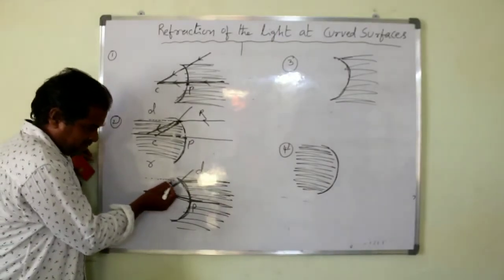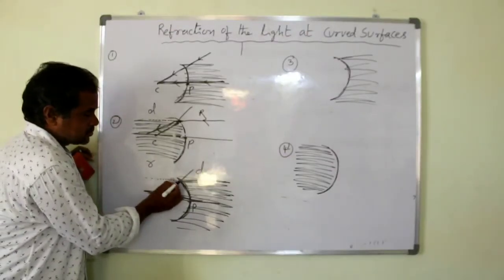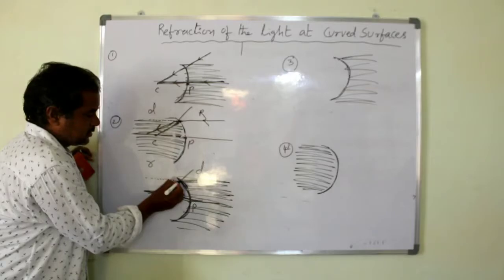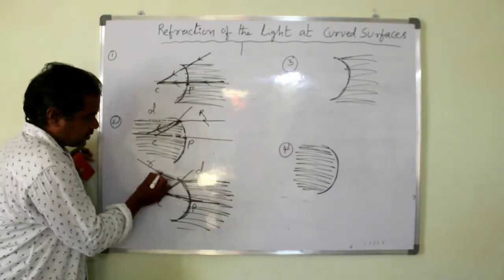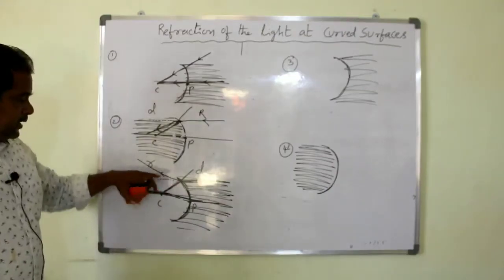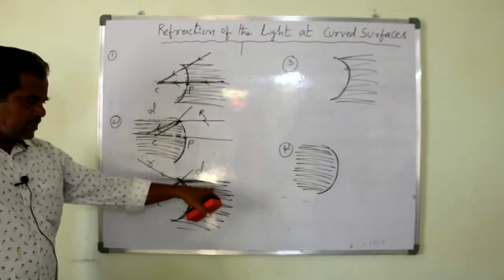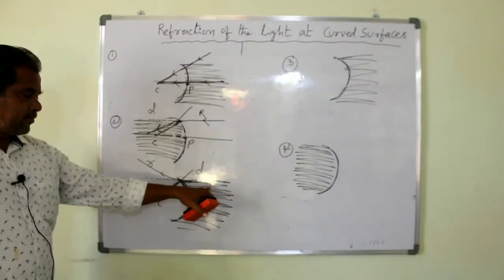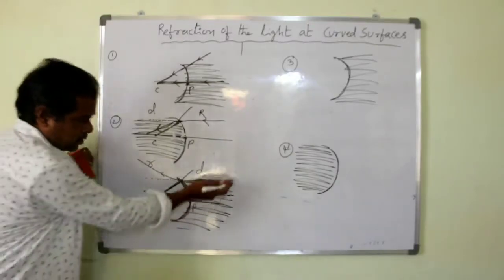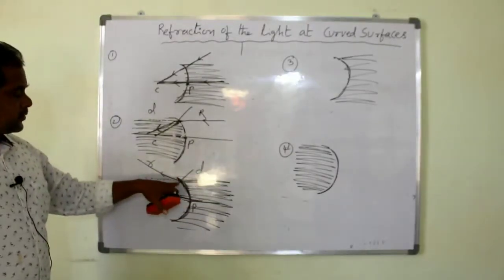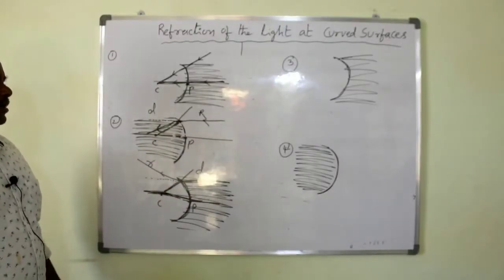For example, if we draw in this direction, it is nearer to the normal, so that is wrong. So immediately you have to draw the refracted ray in this direction. At that time we can say that it moves away from the normal. So any light ray which passes from denser medium to rarer medium and travels parallel to the principal axis, the corresponding refracted ray moves away from the normal.